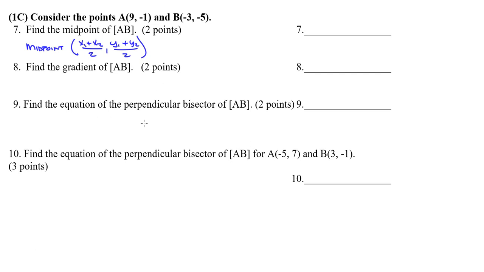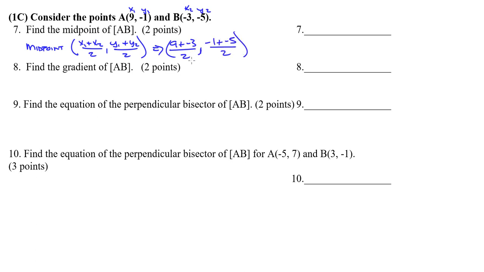Because remember, for slope you subtract, for midpoint you add the points. So in this case we take 9 plus -3 over 2. Those are our two x's. And then y1 and y2, so that's a comma, -1 plus -5 over 2.